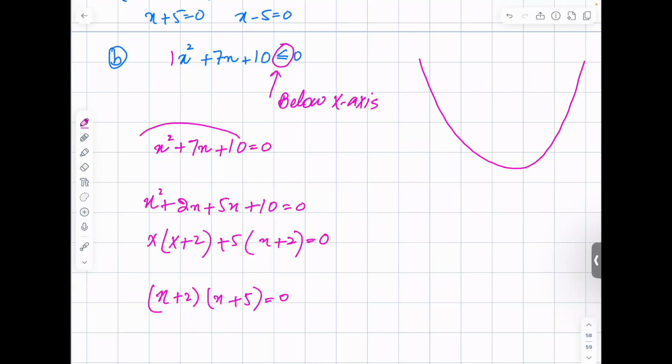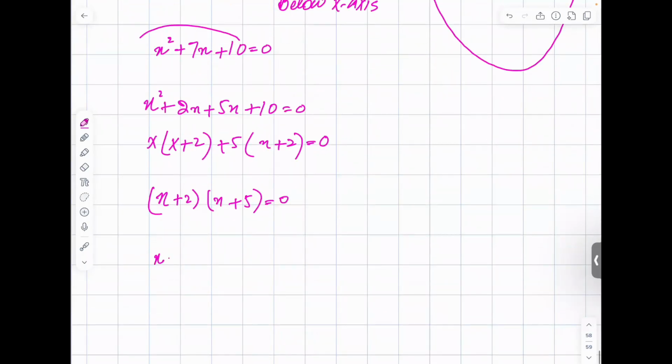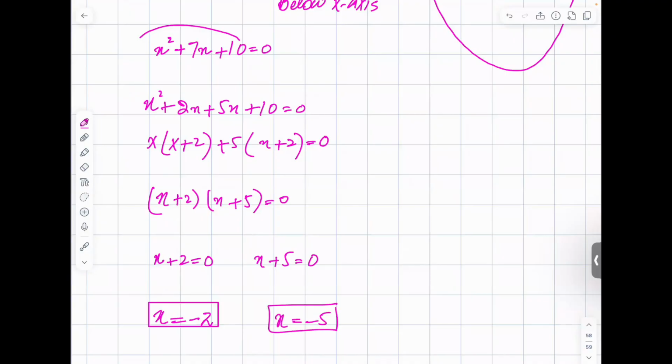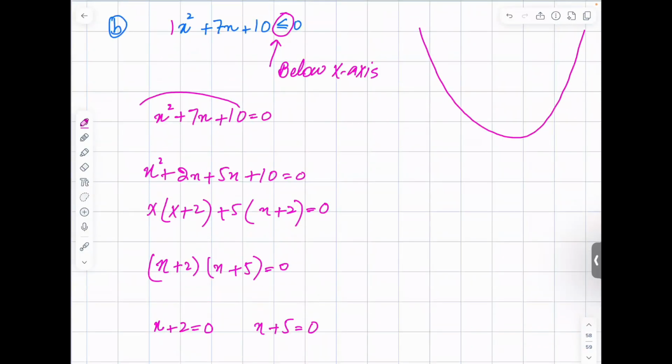Is that clear? Now, this is going to be x plus 2 equals to 0 and x plus 5 equals to 0. So x is equal to minus 2 and x equals to minus 5.